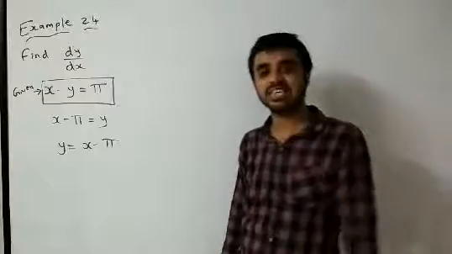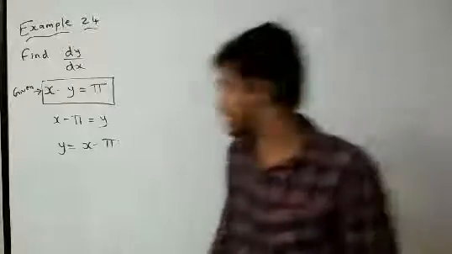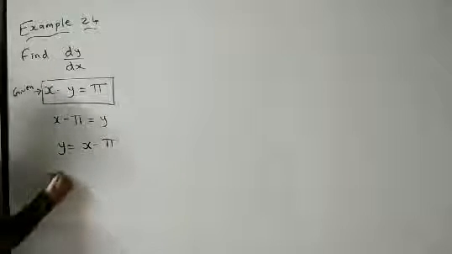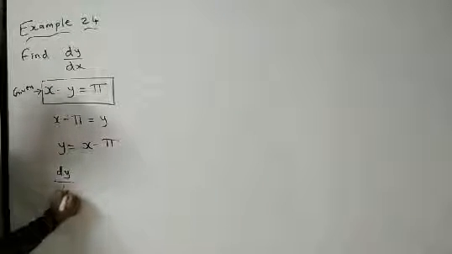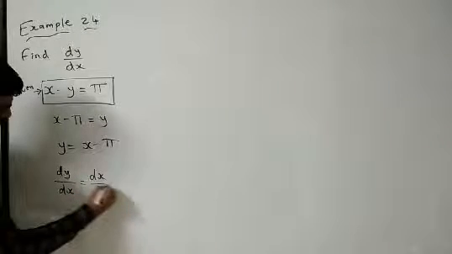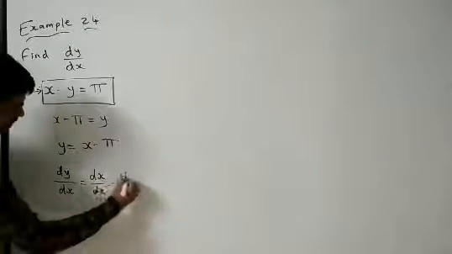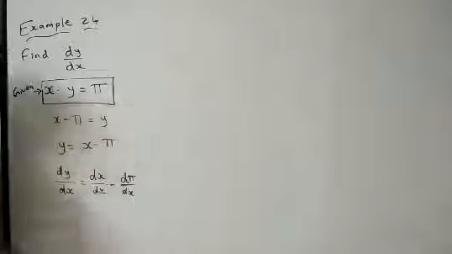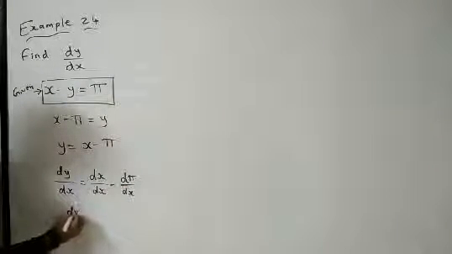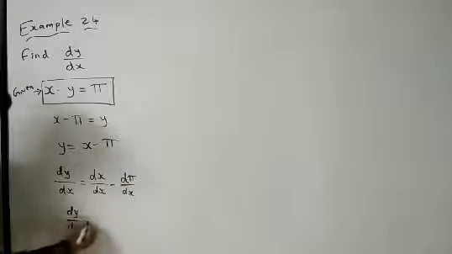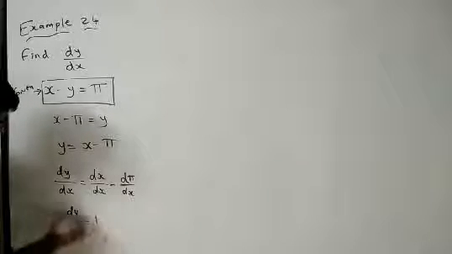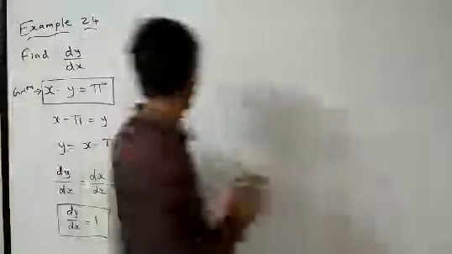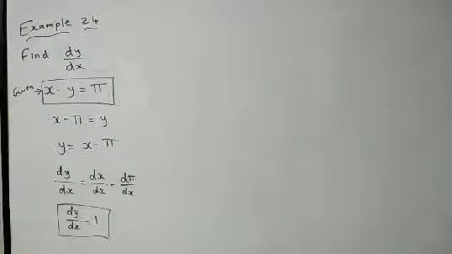Now we differentiate it with respect to x, so here you have to write differentiating with respect to x, so dy by dx is dx by dx, 1 minus 0, so dy by dx is equal to 1. That's it. We have got our answer. Right?